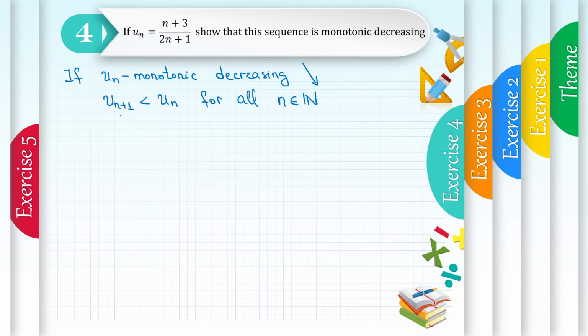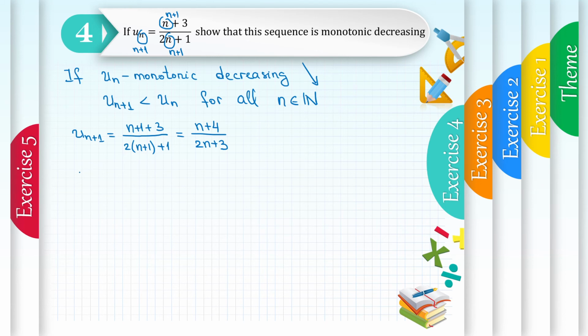So, for proving this, of course, we have to find the formula for u_(n+1). As in the previous examples, we just have to replace this n, this n, this n by n+1 in order to get the formula for u_(n+1), and we will obtain (n+1+3) over 2 multiplied with (n+1)+1, which in fact will give us (n+4) over (2n+3).